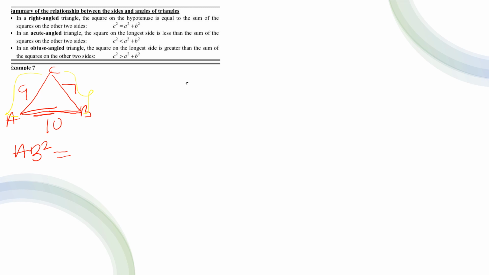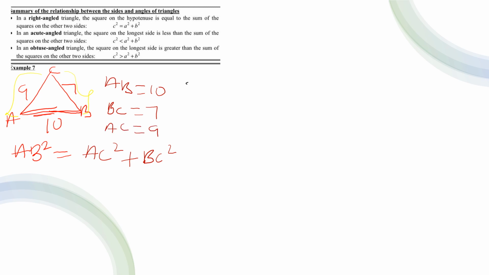So then our formula will be what? The longest side squared is equal to AC squared plus BC squared. Now what is AB? AB is given, which is 10. What is BC? BC is given, which is 7. And what is AC? AC is given, which is 9.